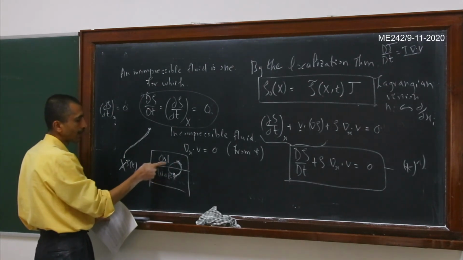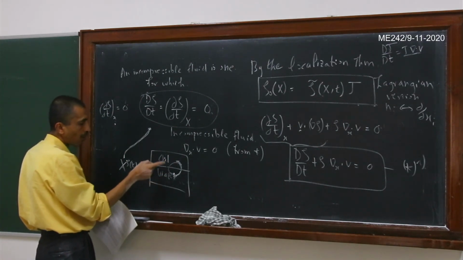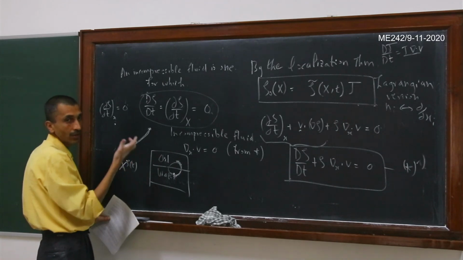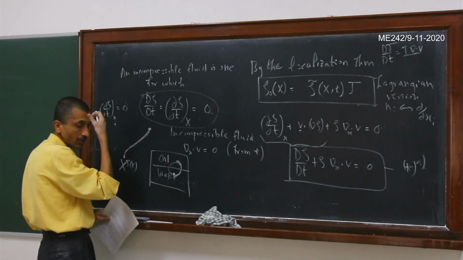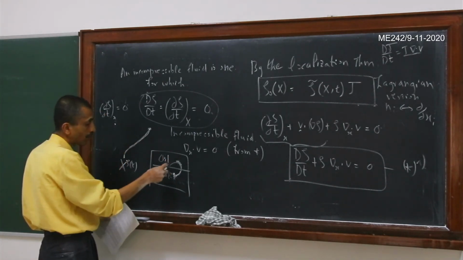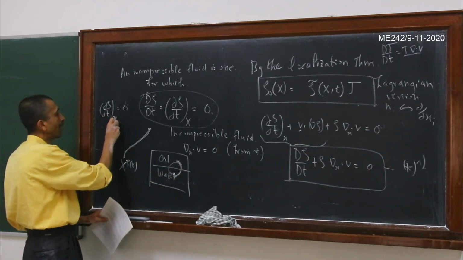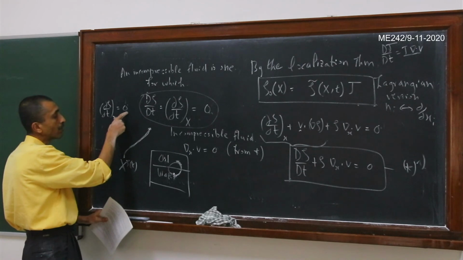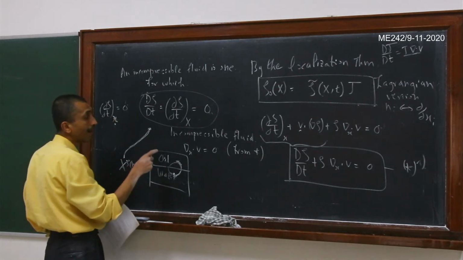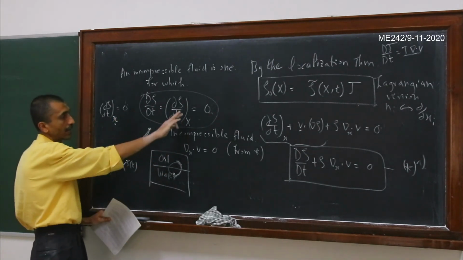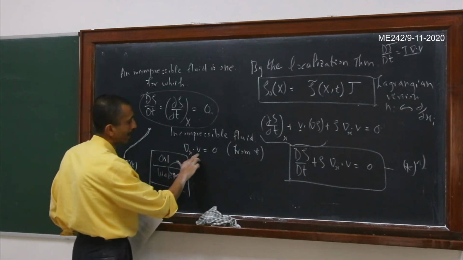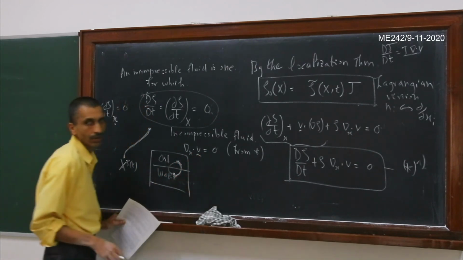I hope it becomes clear from this water and oil. Water and oil are both incompressible, right? Intuitively you can understand that they are almost incompressible fluids, and so this example shows that del rho by del t keeping small x fixed equal to 0 is not the right idea for incompressibility, whereas this is the right idea. And then as I said, that leads to del dot V equal to 0.